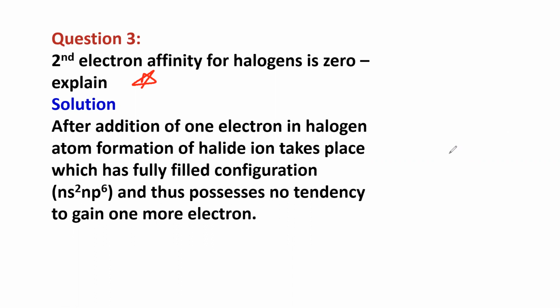Let us see fluorine: 1s2, 2s2, 2p5. If it gains one electron, then it becomes F minus, because the element which gains an electron gets a negative charge. The F minus configuration is 1s2, 2s2, 2p6, which is stable.